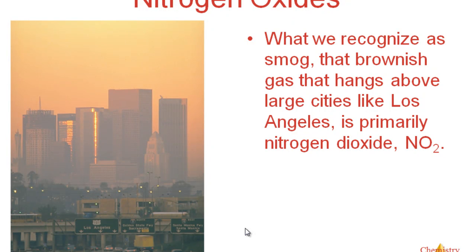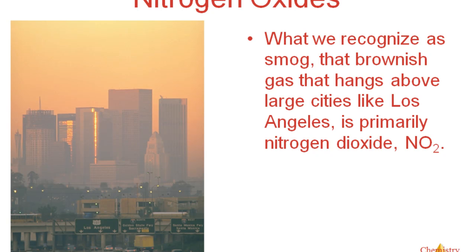This brownish gas that hangs above large cities is primarily nitrogen dioxide, NO2. You saw nitrogen dioxide in today's lab also. Remember when you put the copper in nitric acid, you saw the brown gas, it's the same brown gas. So you can imagine that is toxic, and in a city, if it is hanging there like that, how bad that is for the people who are living there, right?